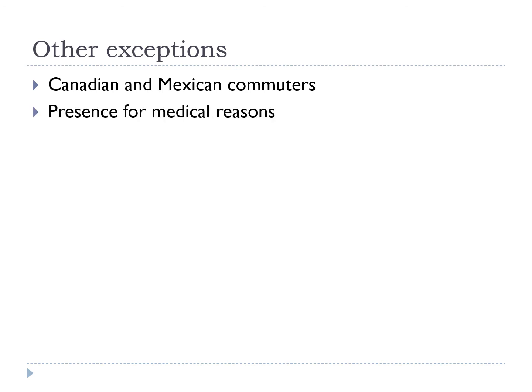An alien individual is not considered present in the United States for purposes of the substantial presence test on any day that the individual intends to leave the United States but is unable to leave because of a medical condition or medical problem which arose while the individual was present in the United States. The medical condition exclusion is claimed on Form 8843.